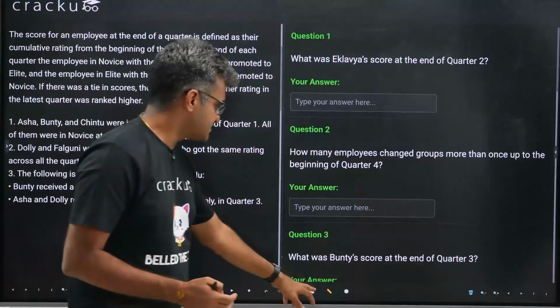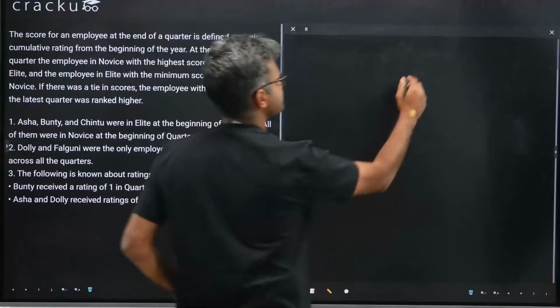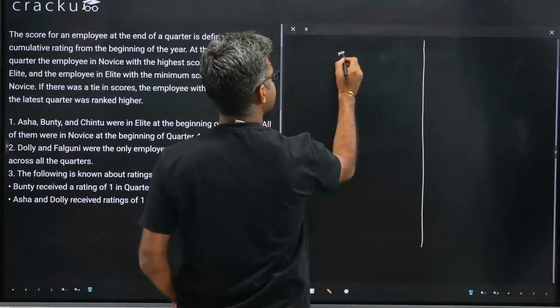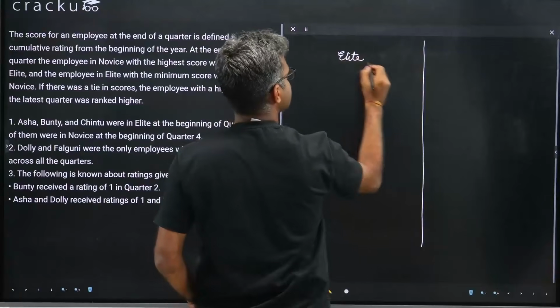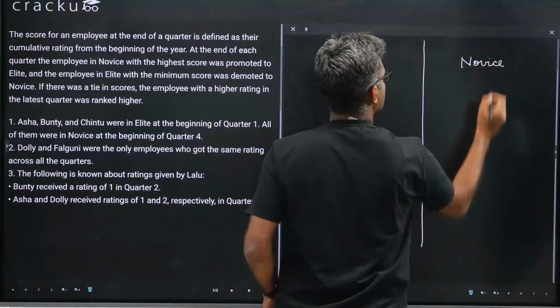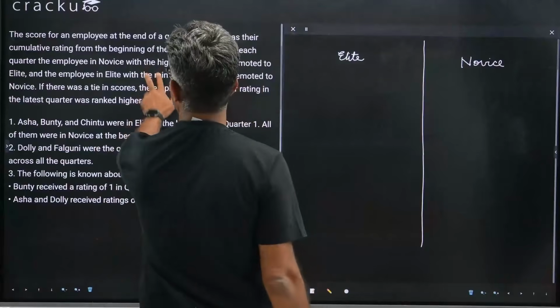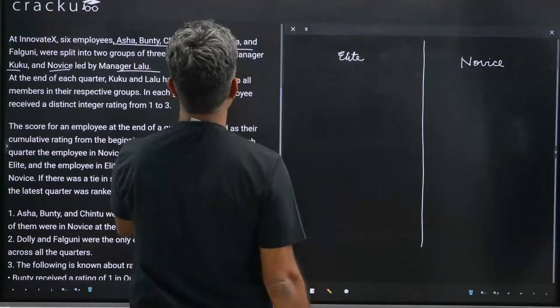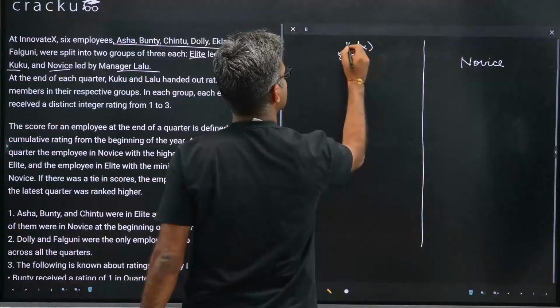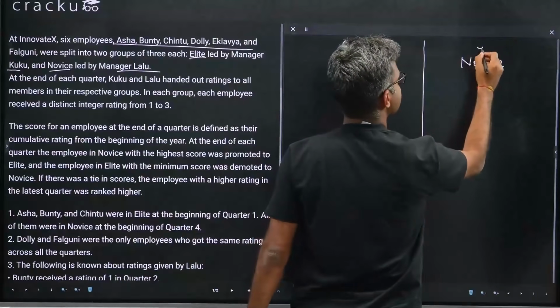So let us first draw a small table over here. This is elite and this is Novice. Who is the manager of elite? The manager of elite is Cuckoo. And who is the manager of Novice? It is Lalu.